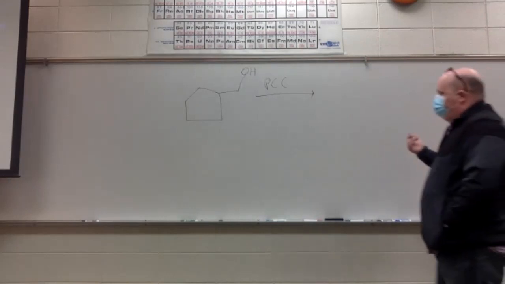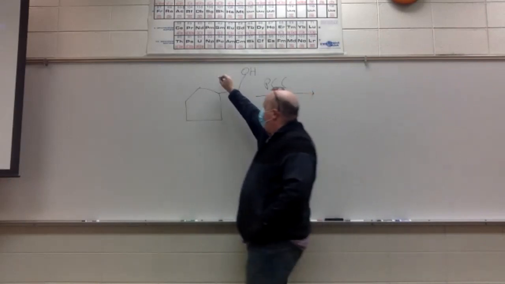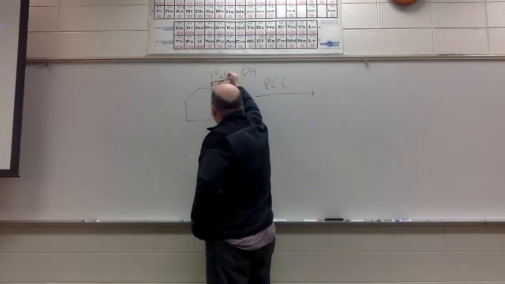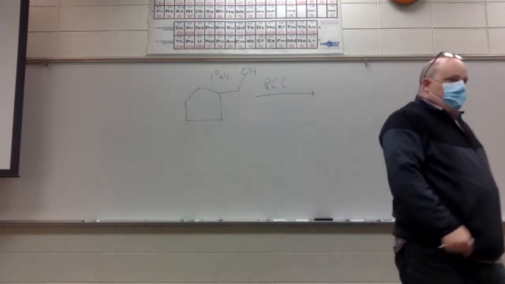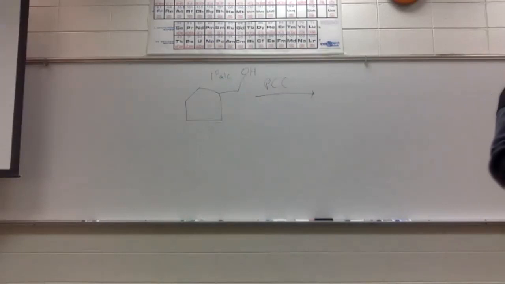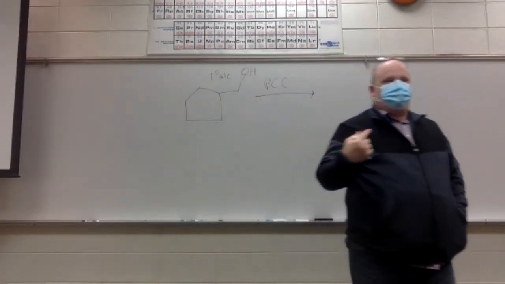agents, right? So first thing you have to recognize here is that this is a primary alcohol, right? The OH is attached to a primary carbon. And then you have to remember, primary alcohols can do one of two things. If you have a strong oxidizing agent, they can oxidize to a carboxylic acid.